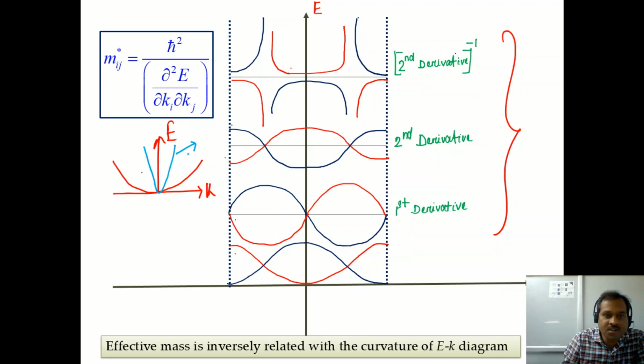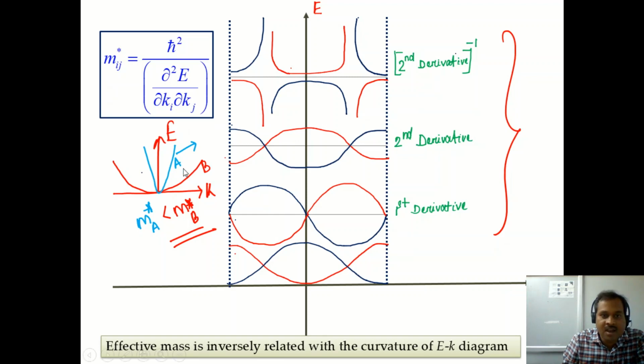So the effective mass, suppose this is A, corresponding to the electron for this band diagram will be less than the effective mass corresponding to this red band structure. Suppose this is B. That means the flat bands are having heavier mass than the narrow bands.